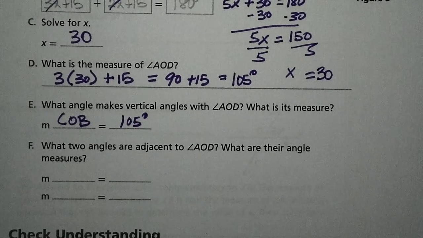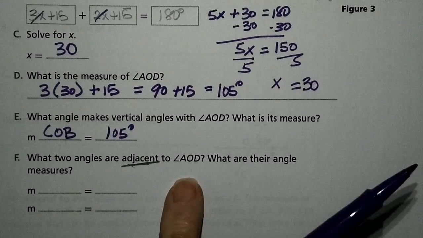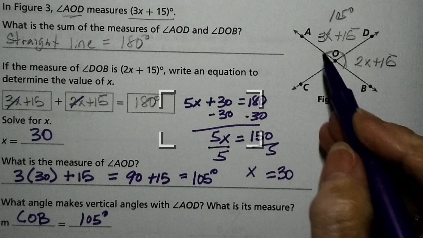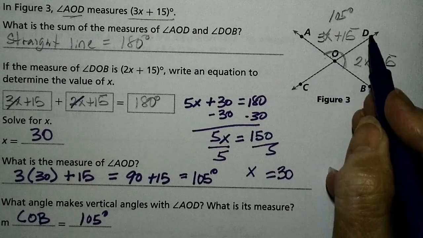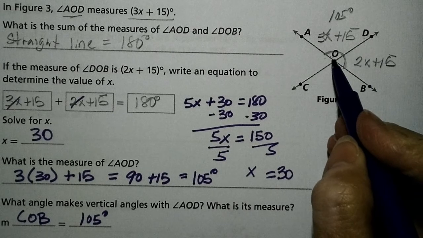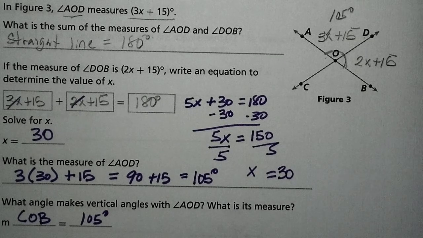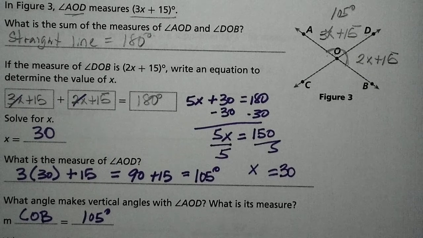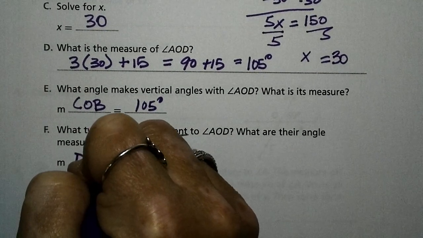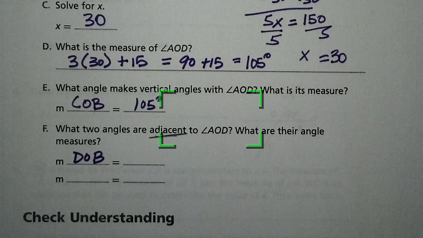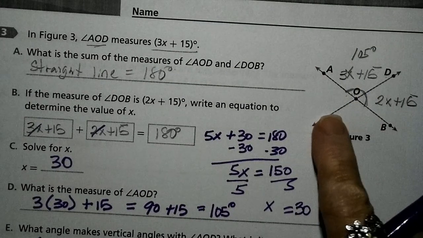All right, so now we're going to look at adjacent. So what is adjacent to AOD? So AOD, and there's two of them. So DOB, and then the other one would be AOC.